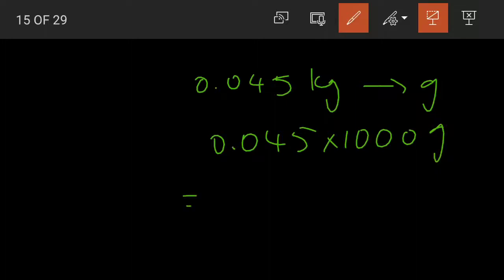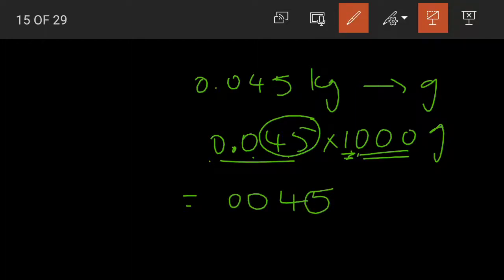Now when we are multiplying, we have also discussed this in our decimals chapter. When we have a decimal number and we are multiplying by a number like 10, 100 or 1000, how do we multiply? We multiply the entire number as it is, so 0045 multiplied by 1 is equal to 0045.